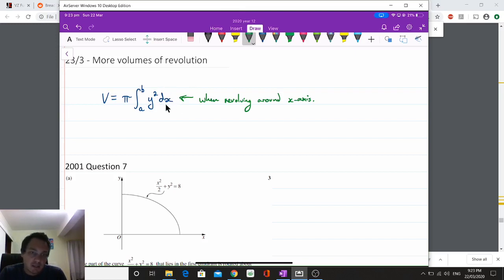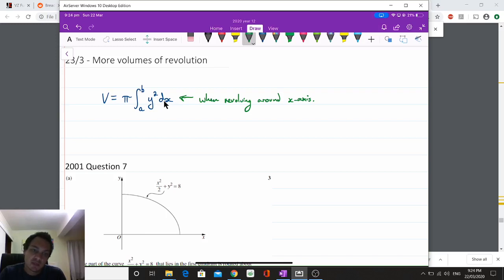So I've done a few examples on this already, and we see that if we are going to be spinning the shape around the x-axis, we use our volume equals pi times the integral of y squared dx.